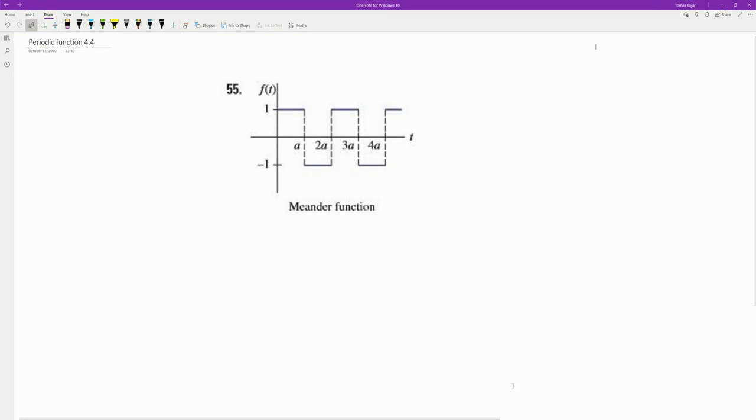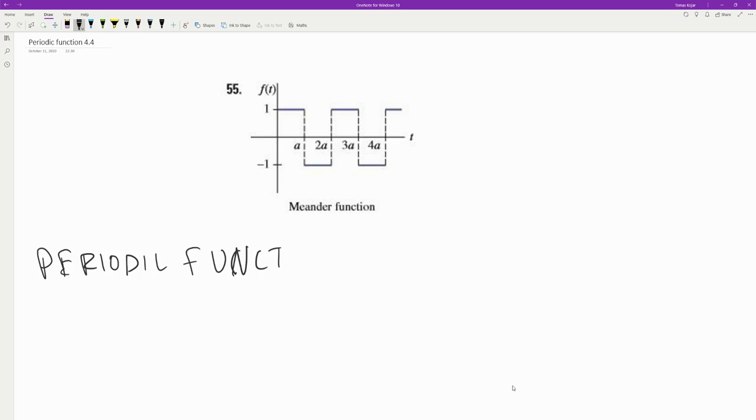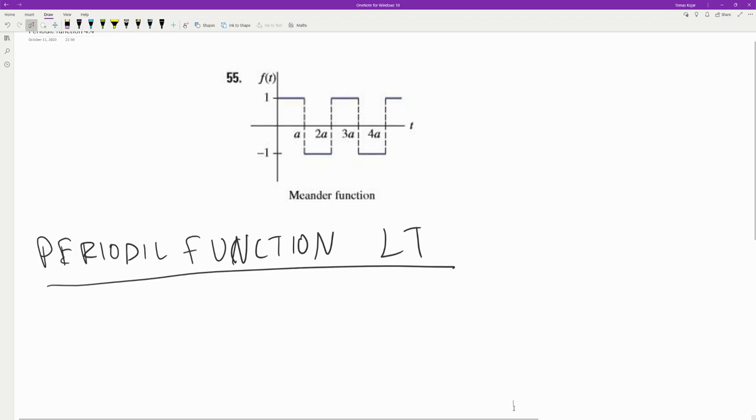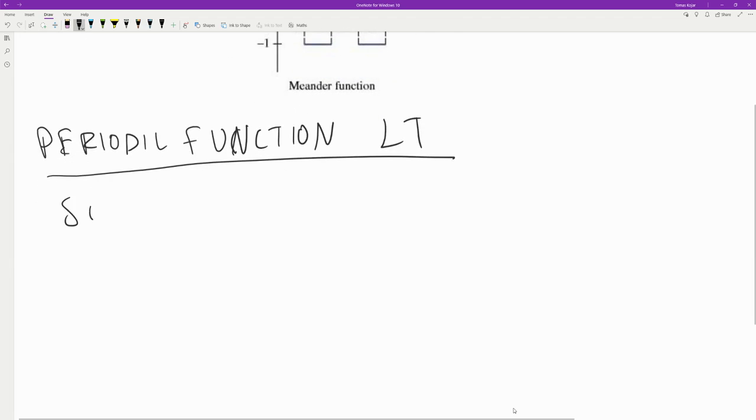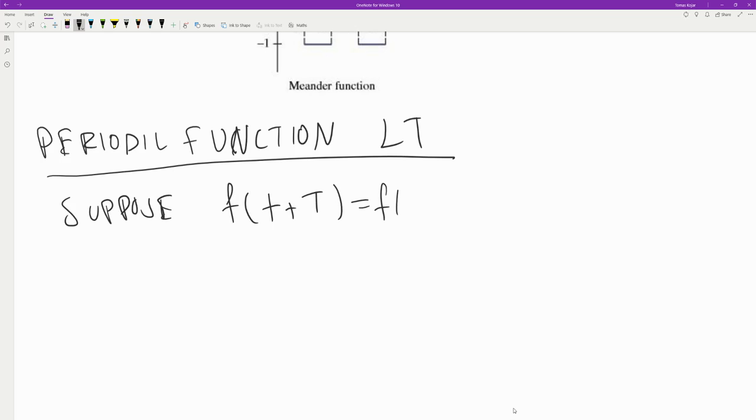Okay, so let's do the periodic function. Suppose f of t plus capital T is f of t for some capital T positive.